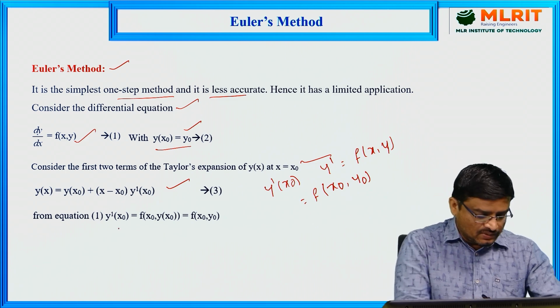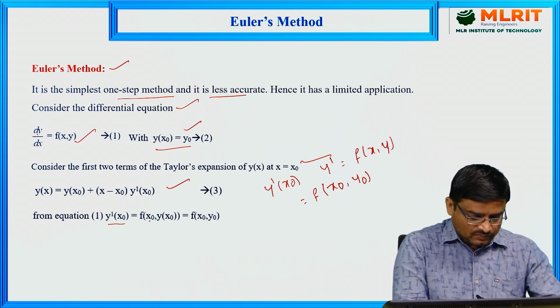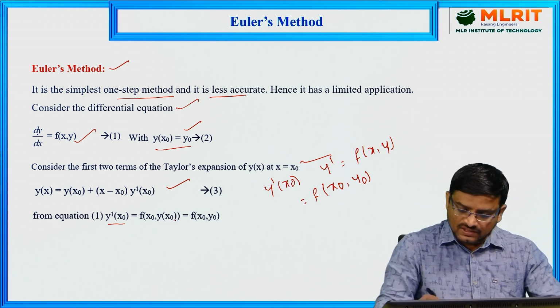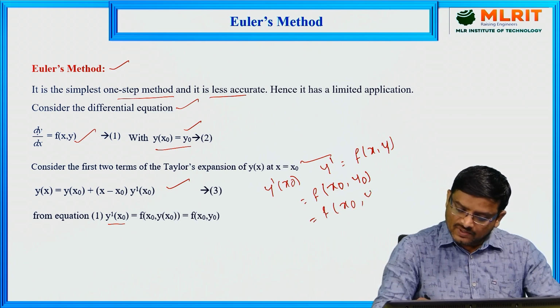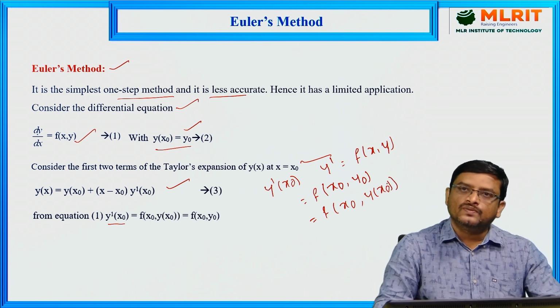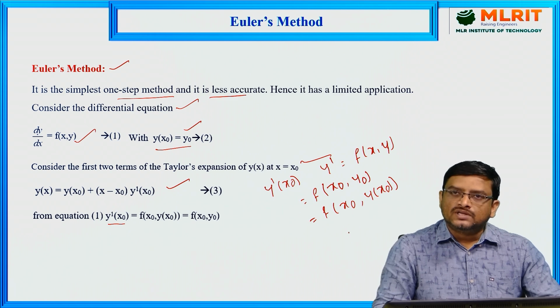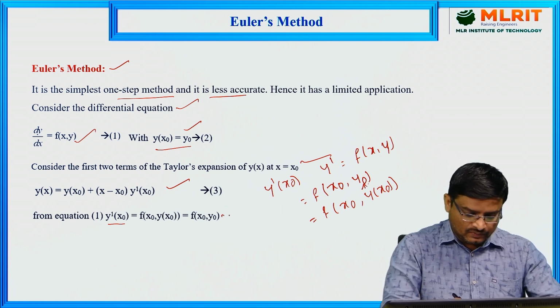So y dash of x naught is equal to f of x naught comma y of x naught. This can be written as f of x naught comma y naught, since y of x naught we can represent as the y naught value.